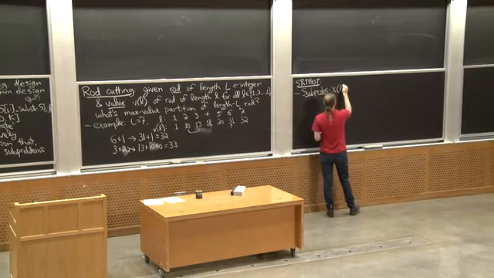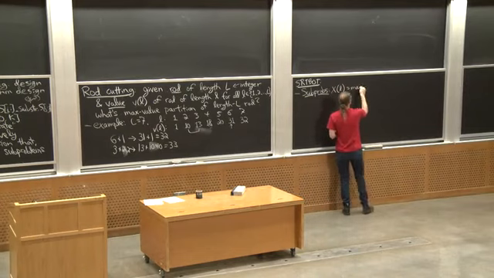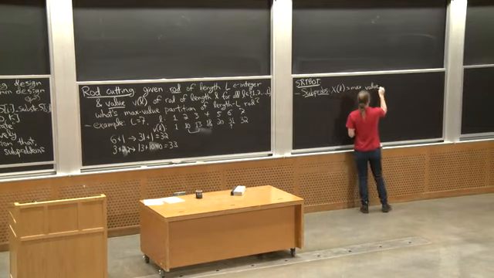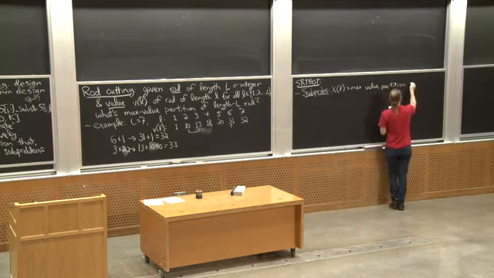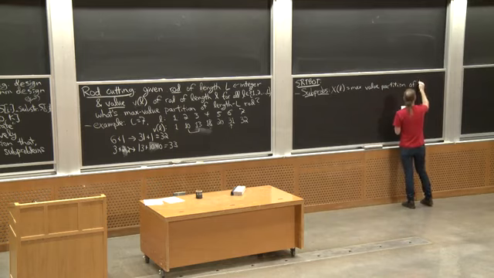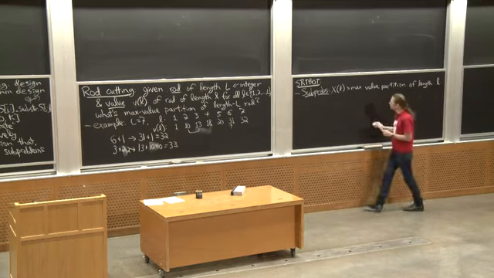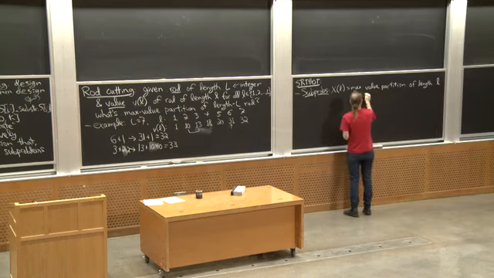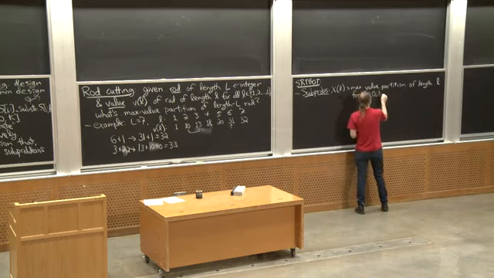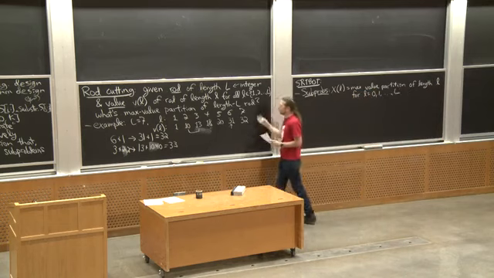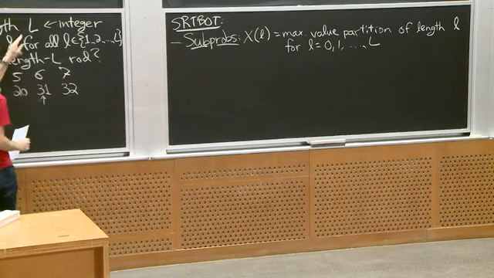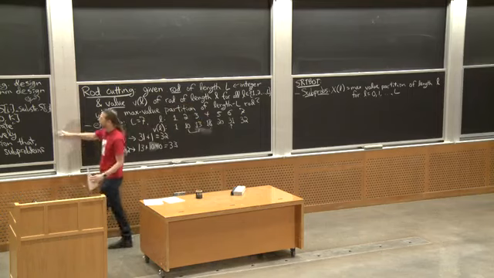So x of l is the max value partition of length l, little l, for little l equals 0, 1, up to big L. OK, so just the same problem, but with different choices for big L. So this is using this integer subproblem.